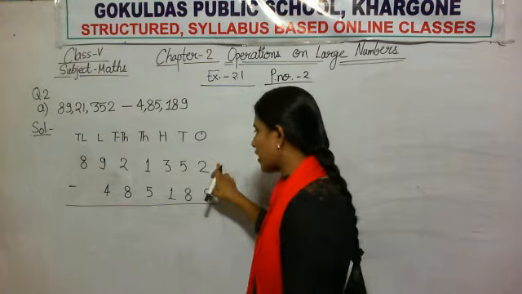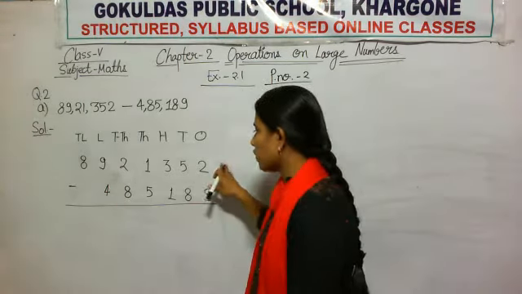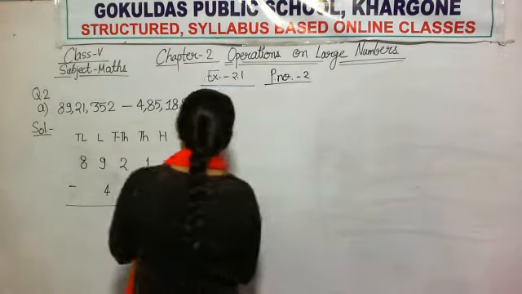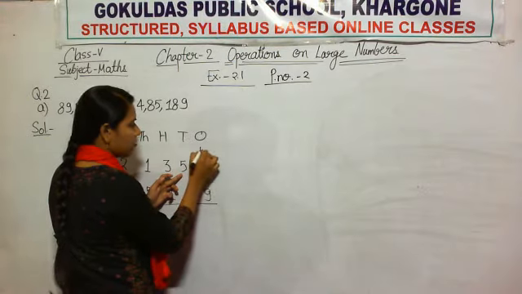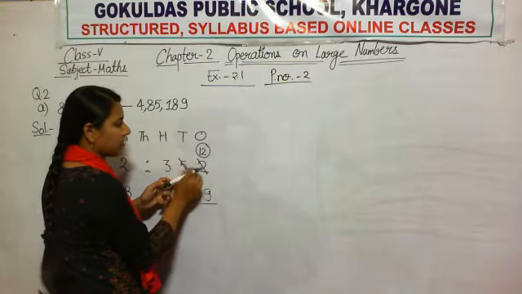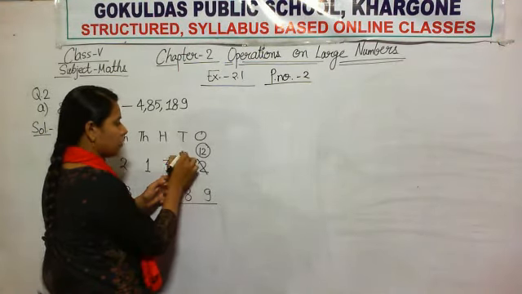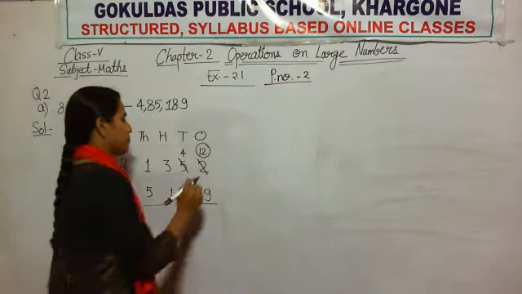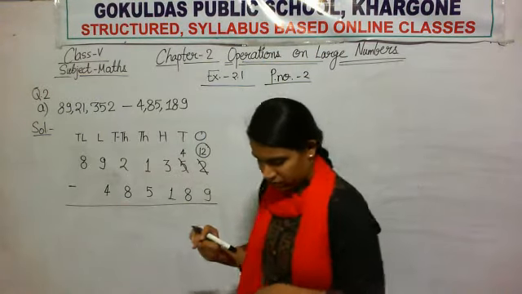Start from the ones column. When you subtract, you cannot subtract 9 from the 2. Okay, so what will you do? You have to take a borrow from the neighbor column. So you will take the borrow from the 5. It becomes 12. And as it gives tens to the 2, here only 4 is left. Now solve the ones column. 12 minus 9.